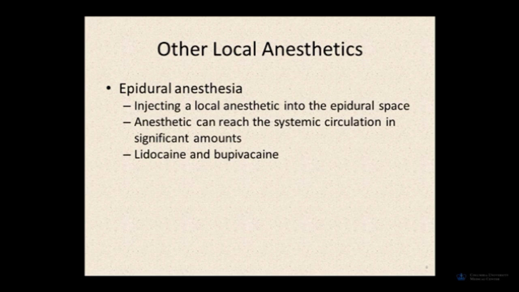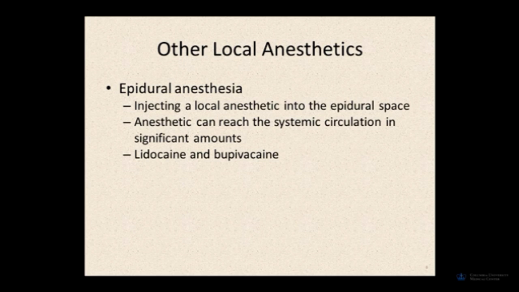So we can apply these local anesthetics to the epidural space or the subarachnoid space to produce anesthesia to basically the lower half of the body. And that can be enough to perform major surgeries. So C-sections, cesarean sections are often done under conditions like this. I believe it's spinal in that case.